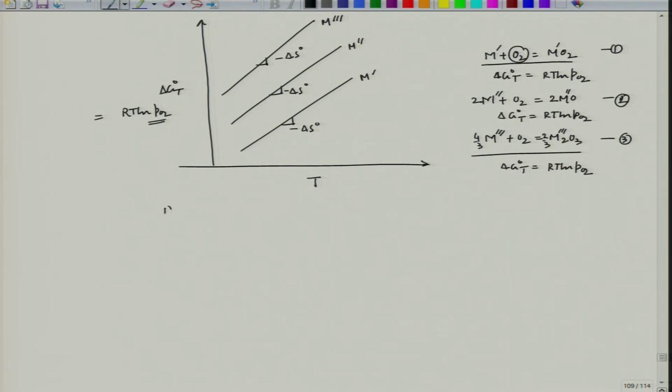So, case 1, del S 0 would be equal to product S 0 MO2 minus S 0 M minus S 0 O2 gas, which I can write as this.